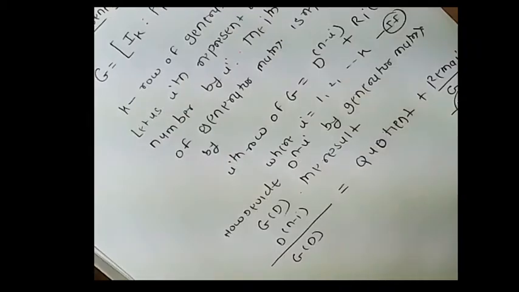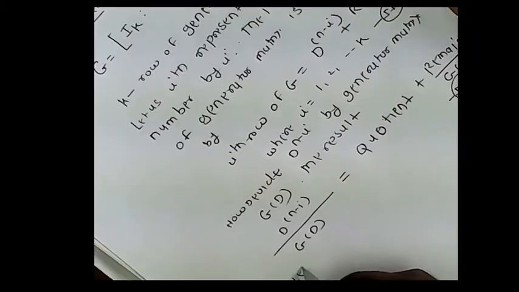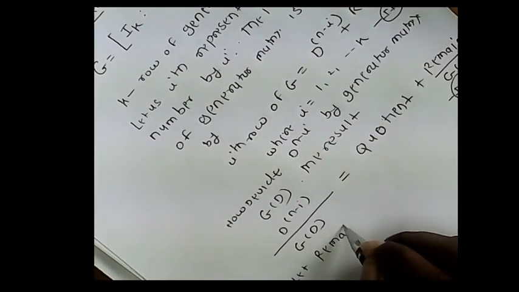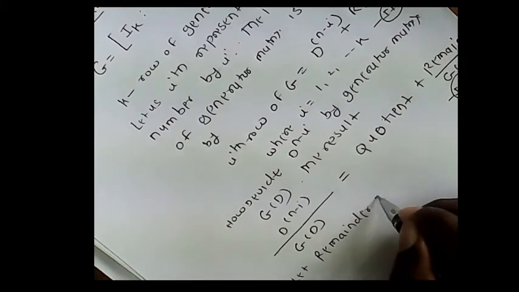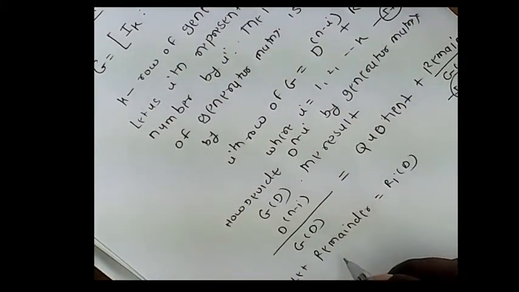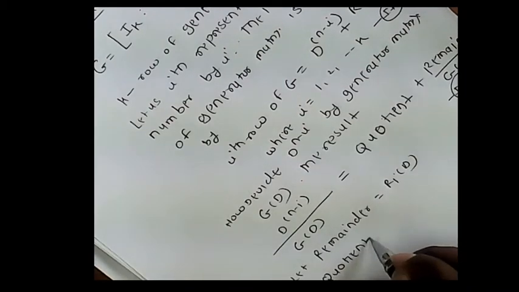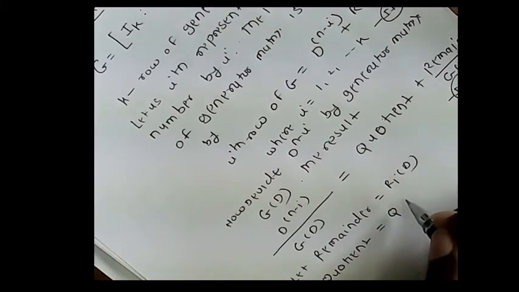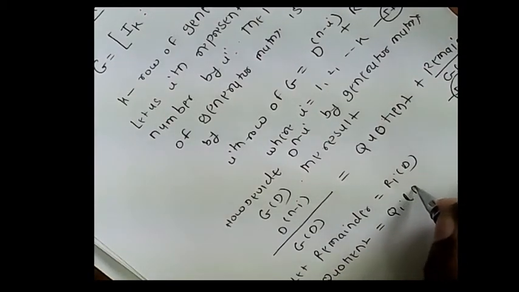Let the remainder polynomial be r of d and the quotient polynomial be q of d.